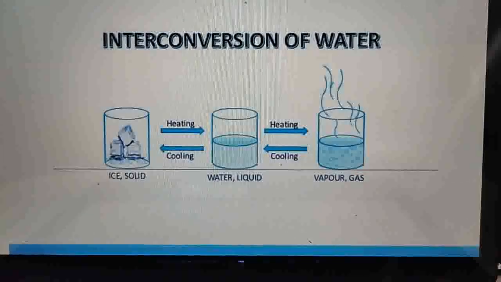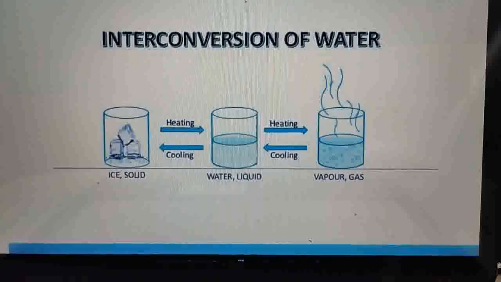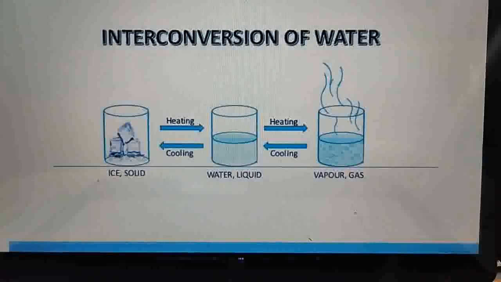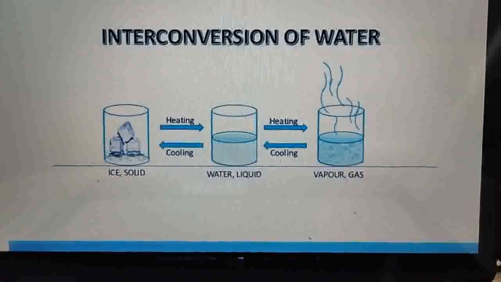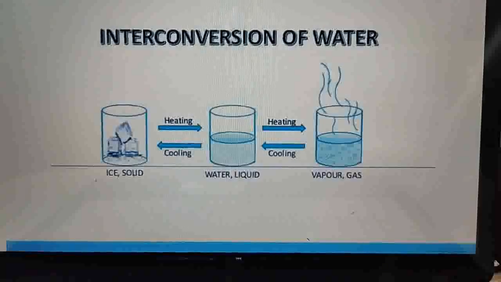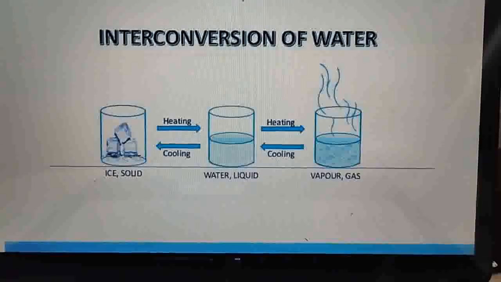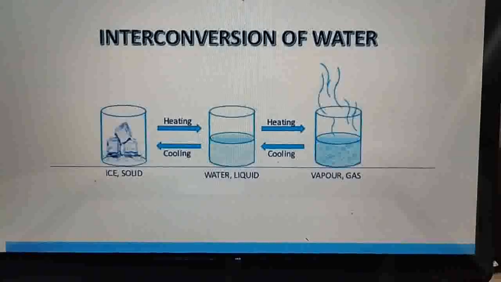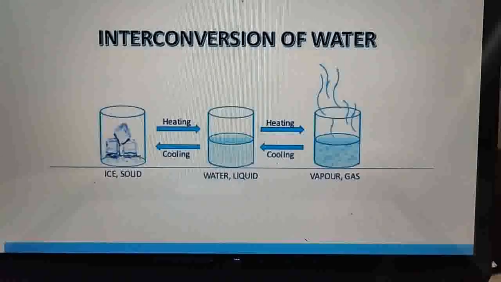They are converted back to water or liquid form. Similarly, when we keep water in a freezer, we are reducing its temperature. What happens when we keep water in a freezer? Definitely, it solidifies. On cooling, it changes to solid ice.